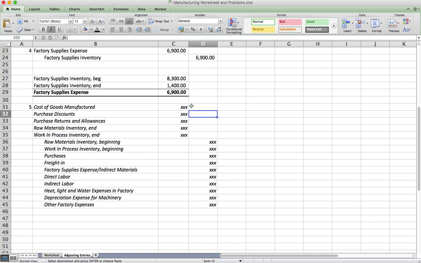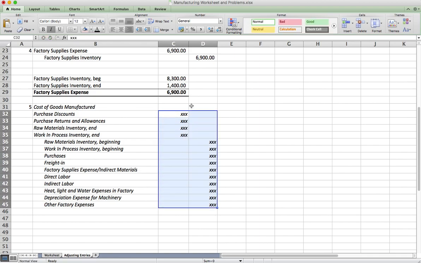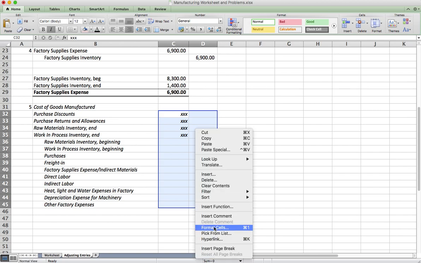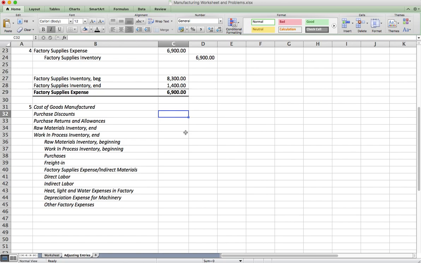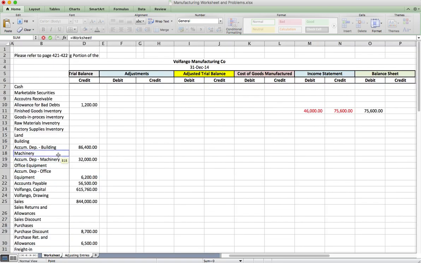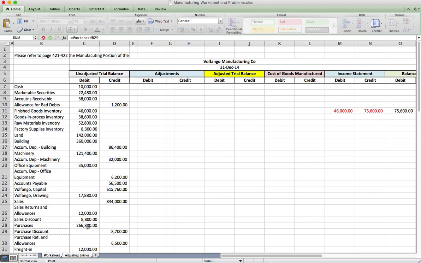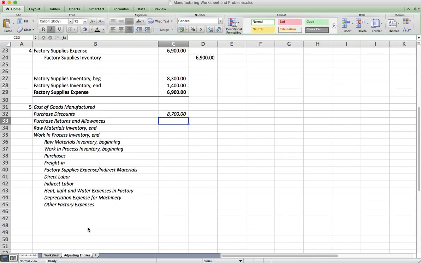Yung cost of goods manufactured, mamaya natin lagyan ng amount yan, kasi yan yung net balance of all the debit and the credit. Purchase discounts. Meron ba tayo dito purchase discount? Magkano? Purchase discount, 8,700.